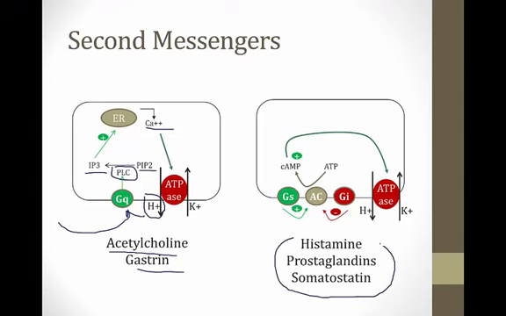Histamine, prostaglandins, and somatostatin all work on adenyl cyclase. The GS protein, which is activated by histamine, activates adenyl cyclase and raises the amount of cyclic AMP. The GI protein, which is activated by prostaglandins and somatostatin, will inhibit adenyl cyclase, and this will lower the level of cyclic AMP.